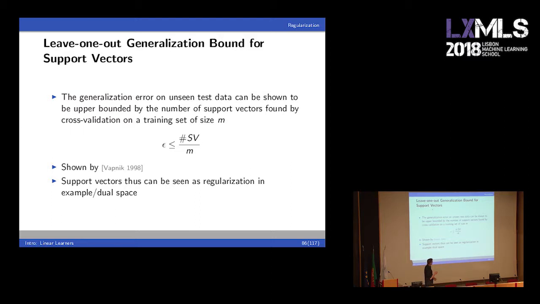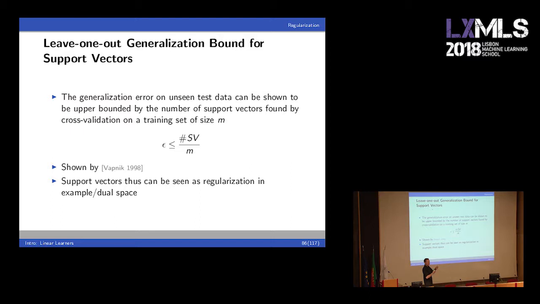And another proof, an older proof, interprets this whole regularization business in terms of support vectors. That tells us that the error on unseen data is smaller, the smaller the number of support vectors is. And the intuition behind this is, if you are able to support your decision boundary by a few examples, then you will do better on unseen test data.